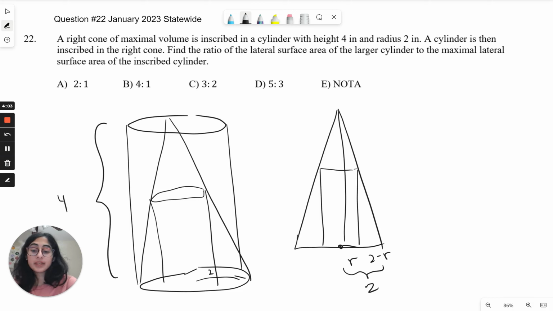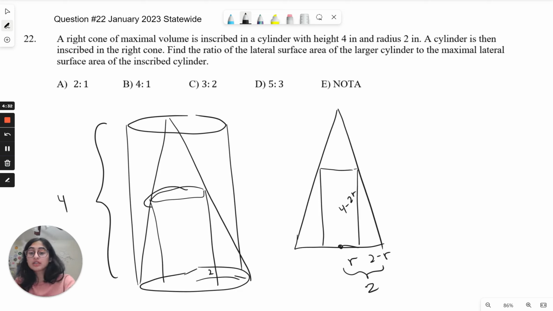Since this triangle is similar to this triangle, and the height of this triangle is 4, twice the size of the radius, which is half the base, that means the height of this smaller triangle is also going to be twice the size of its base, which is 4 minus 2r, so that's 2 times 2 minus r. Now we're trying to maximize the lateral surface area of that cylinder.